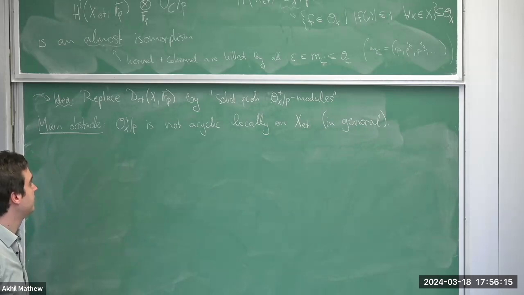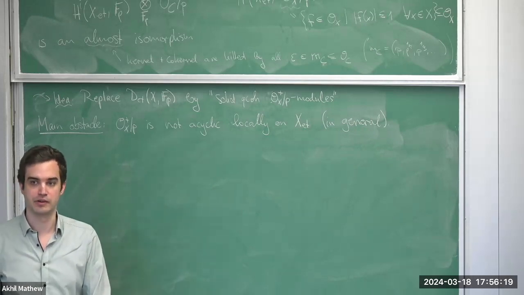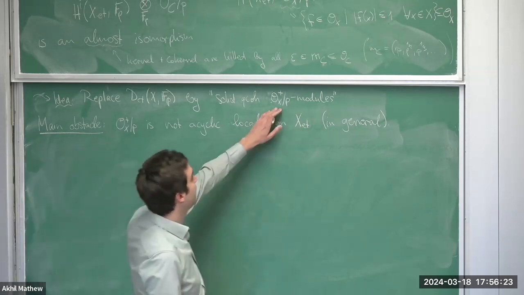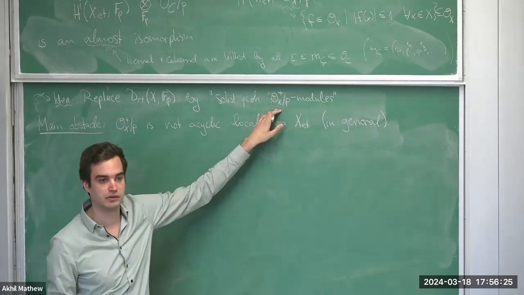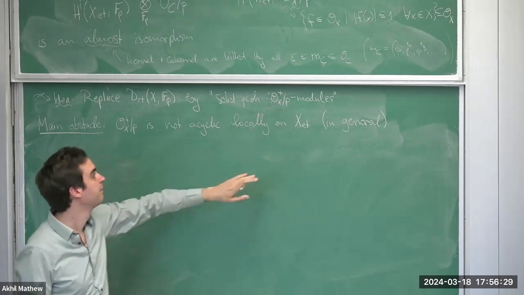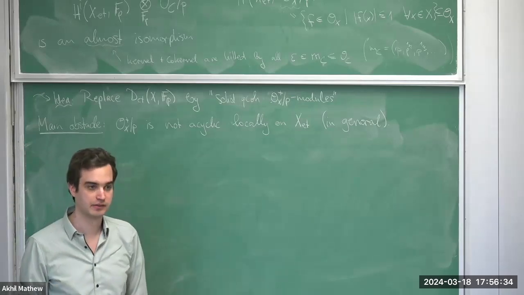But for that to work, you need that on that local piece, there's no cohomology. Unfortunately, this is not true. For example, the ball has nontrivial cohomology, so it's not acyclic.